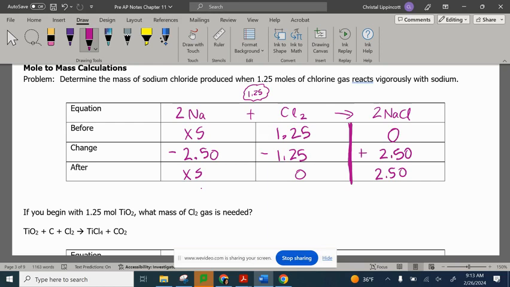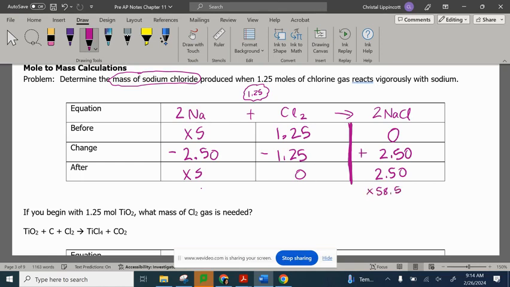All right. So now we have moles of this, but they wanted mass. So we're going to have to take this value and multiply it by the molar mass of sodium chloride off the periodic table. So I'm going to take a sodium and a chlorine and add them together. That is 58.5.